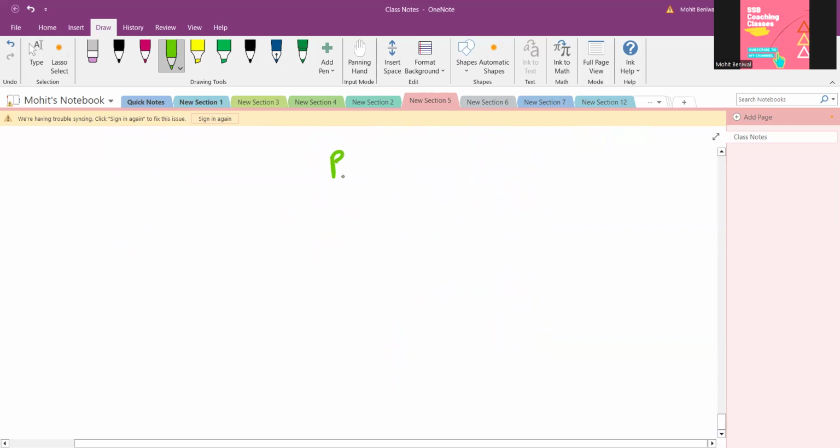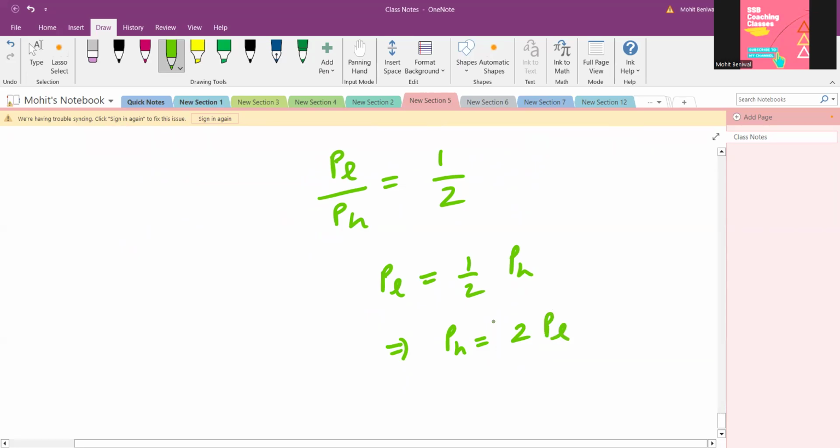So what can you get? Linear momentum of light over linear momentum of heavy will be square root of 1 is 1, square root of 4 will be 2. So linear momentum of the light object will be half times linear momentum of heavy, or you can say linear momentum of heavy is 2 times linear momentum of light.